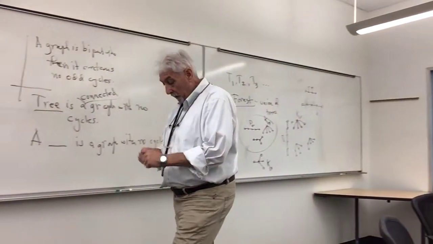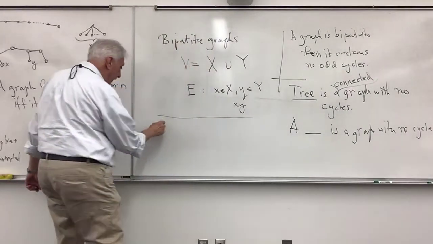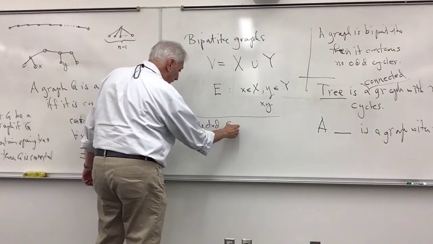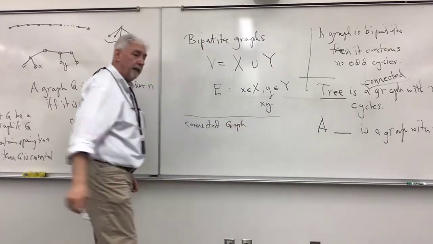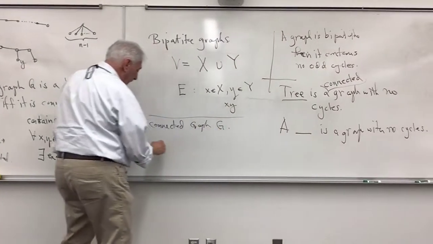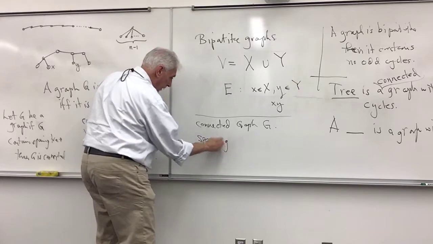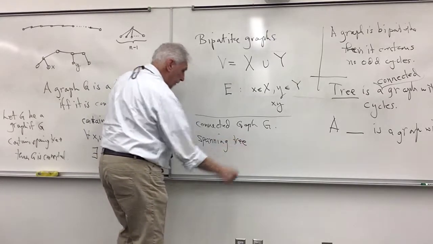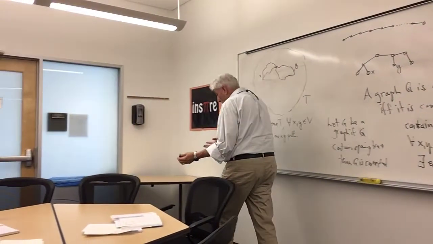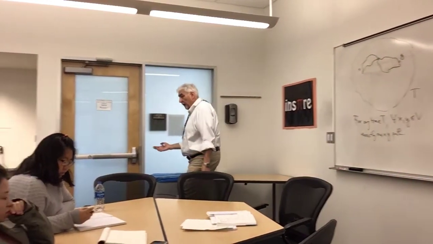Okay, so again, if you take a connected graph G, it doesn't have to be a tree, then we will look for a spanning tree. So we'll look for a tree that contains all the vertices, spanning, and some of the edges.